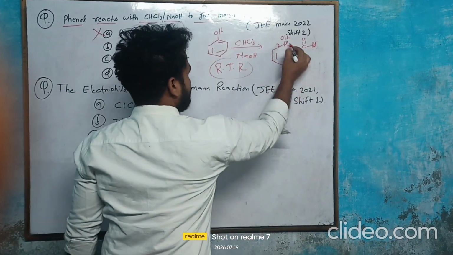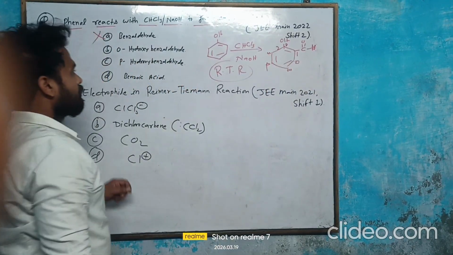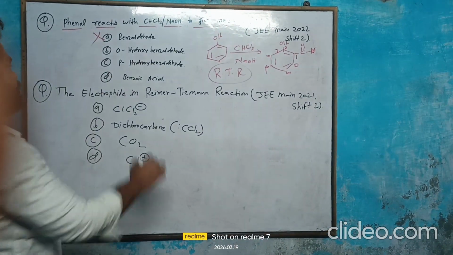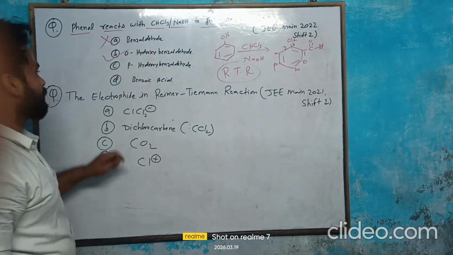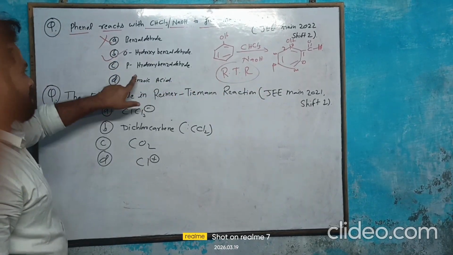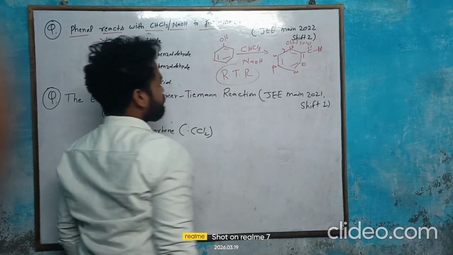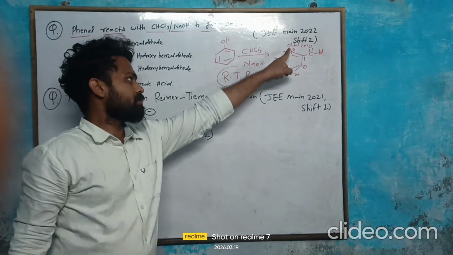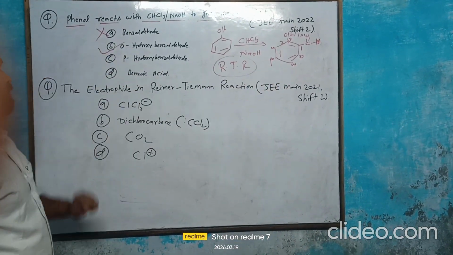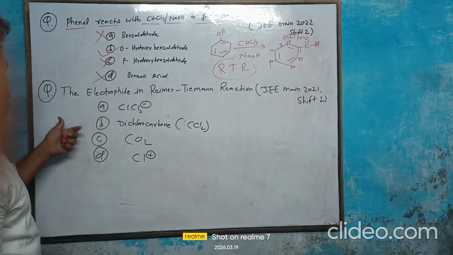This is ortho, meta, and para. So there is ortho. This should be correct. I have already told you that due to hydrogen bonding, this type of product forms. When there is an OH on the para position, there will be no hydrogen bonding, so this is incorrect and this is also incorrect.